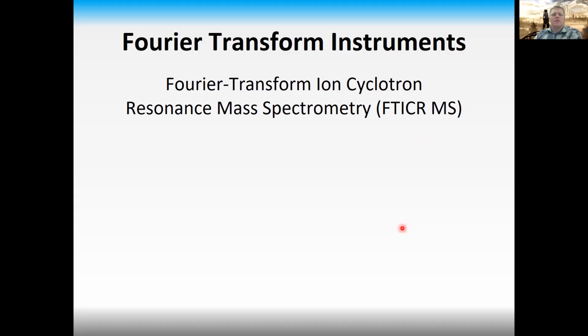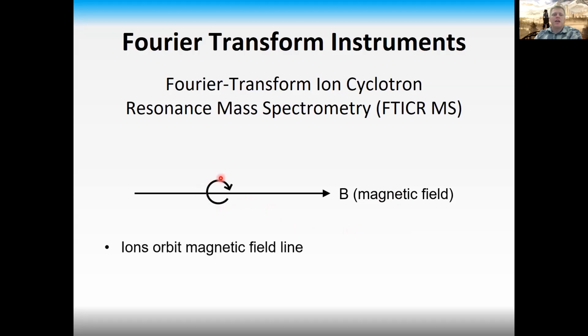But the way this works is you just have a magnetic field. This is usually a very strong magnetic field, a couple thousand times the strength of the magnetic field on the Earth's surface. And like I said before, if an ion gets into a magnetic field, just one of the fundamental principles of physics is that the ion will start to orbit that magnetic field.